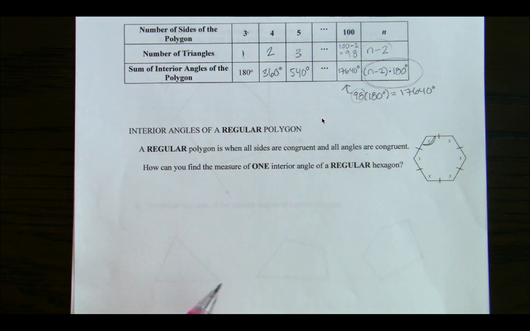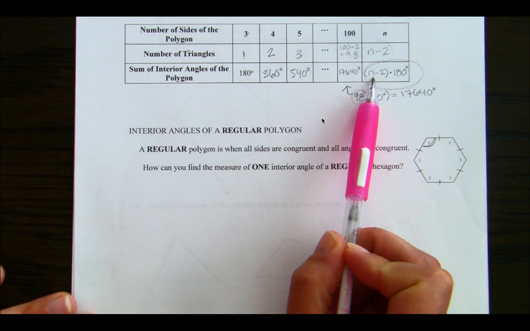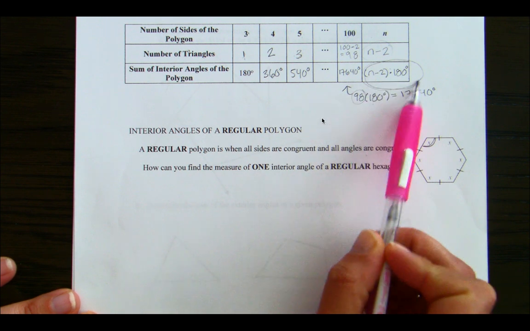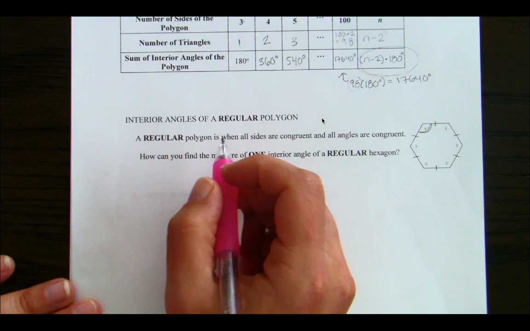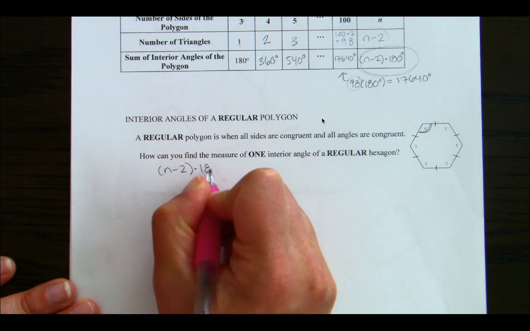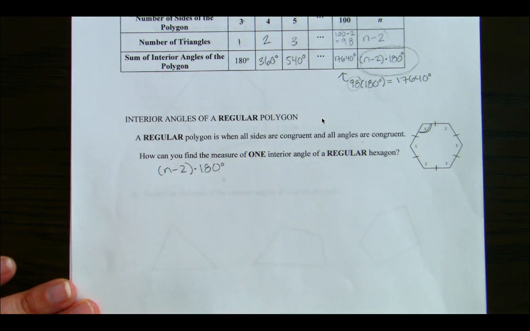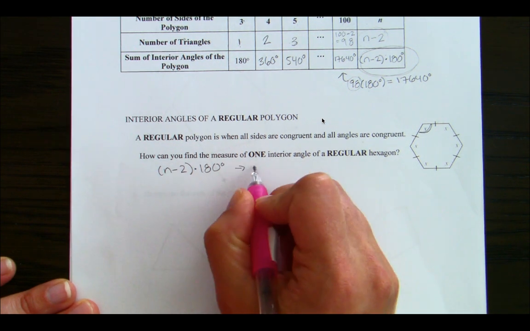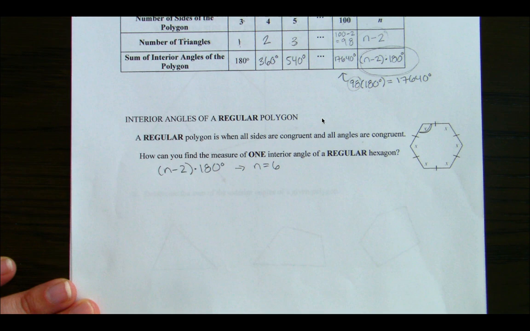Let's go through this. We said that in order to find the sum of interior angles of a polygon, I can use this formula. I'm just going to write this down here again: n minus 2 times 180 degrees. Our n in this case, because it's a hexagon, is equal to 6. So we have 6 sides.